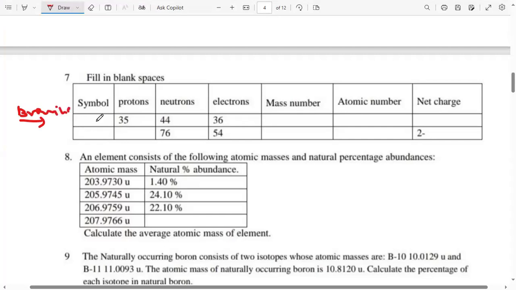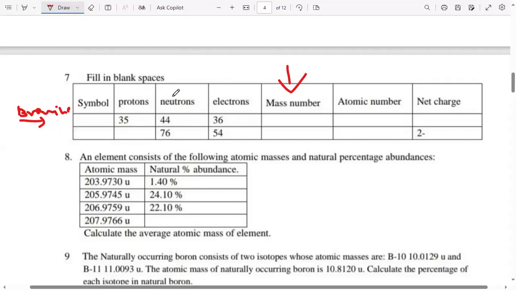This is bromine, but I'm not going to write it here first. First, I determine the charge, and then I'll write the symbol with the charge. The number of neutrons is 44. We can use the number of neutrons plus the number of protons to find the mass number, which is just the total of the protons plus the neutrons.